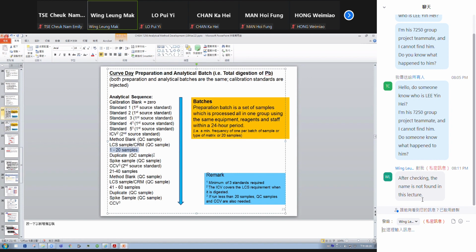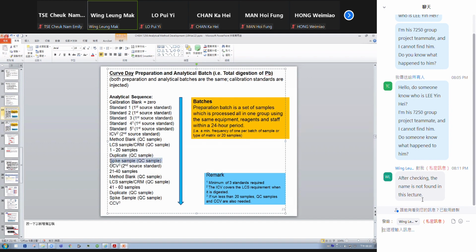And you add a duplicate of one of the samples. For example, here are 20 samples, you select the 10th sample and do it again. It will be a duplicate to see the precision of your analysis.